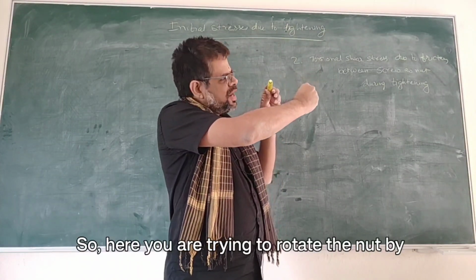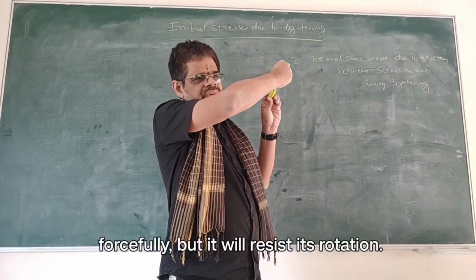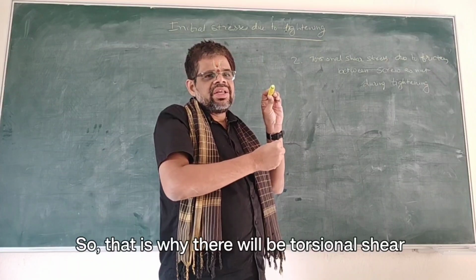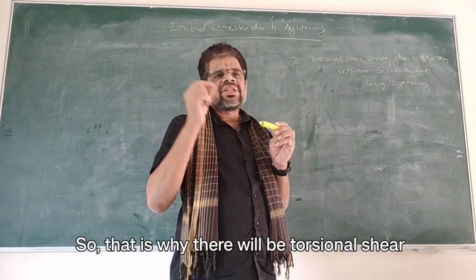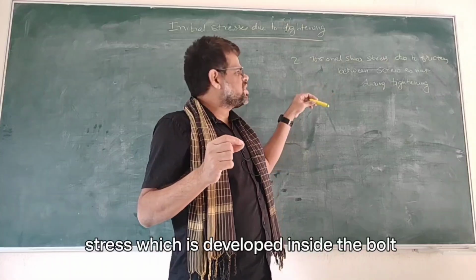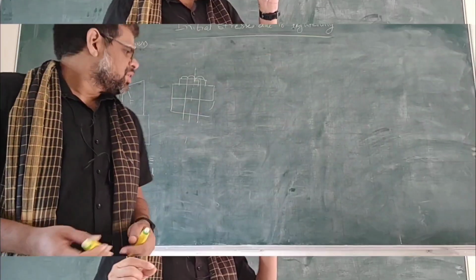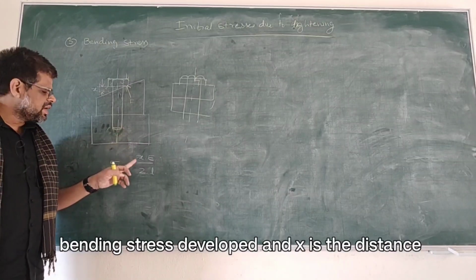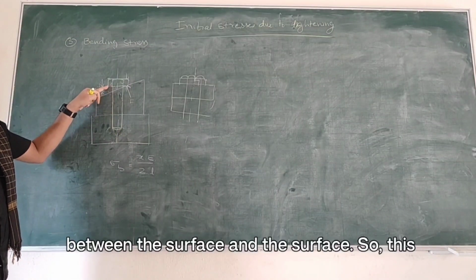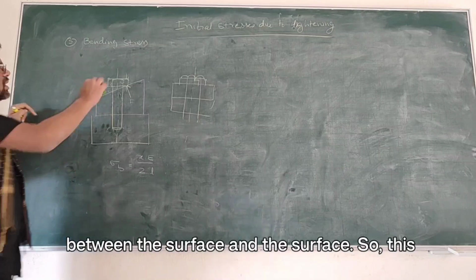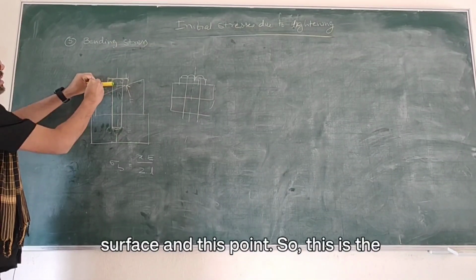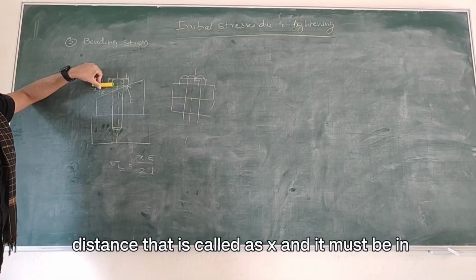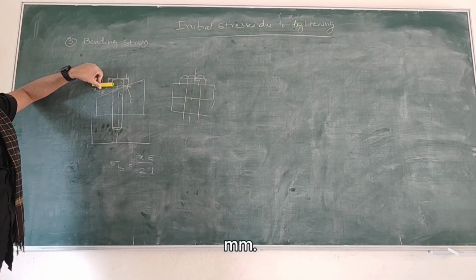So here you are trying to rotate the nut forcefully, but it will resist its rotation. So that's why there will be torsional shear stress developed inside the bolt, where sigma b is the bending stress developed and x is the distance between this surface and this surface. Okay, so this surface and this point. This is the distance that is called x, and it must be in mm.